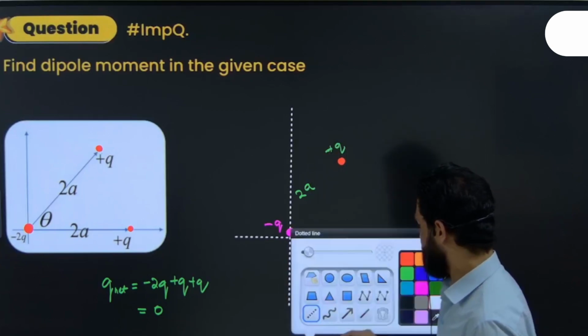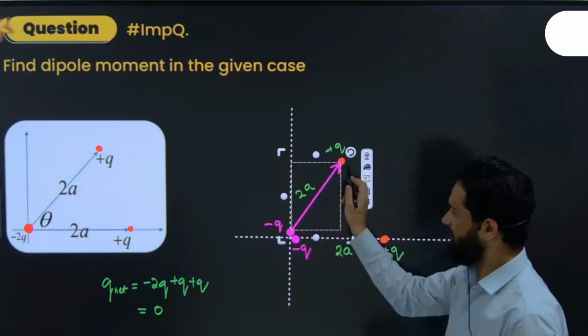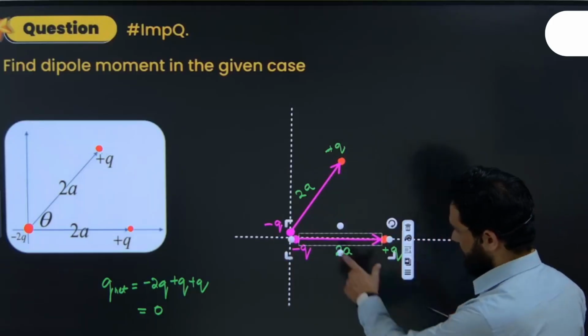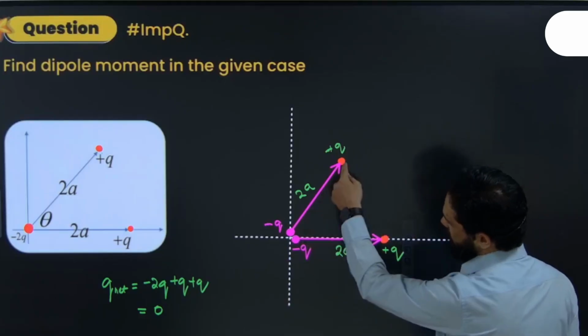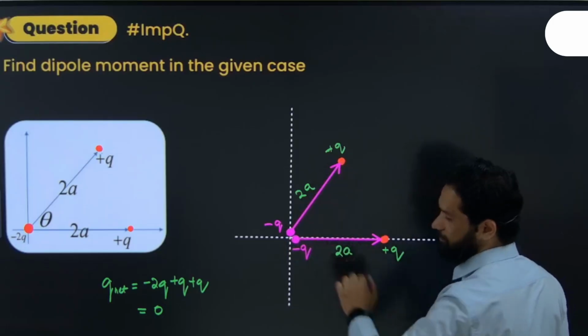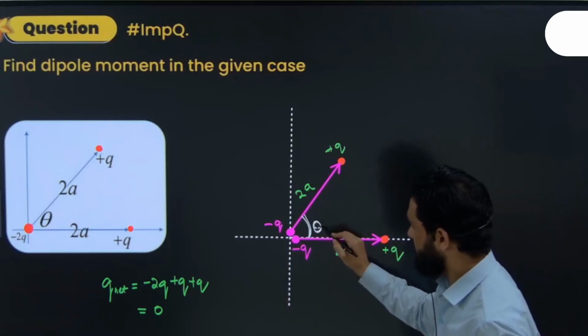So we can say this is actually a combination of two dipoles, minus q to plus q. The minus q is one of the charges for the dipole on the x-axis, and this one q is acting as a charge for the dipole on the other one, and they are aligned at theta degrees from each other.